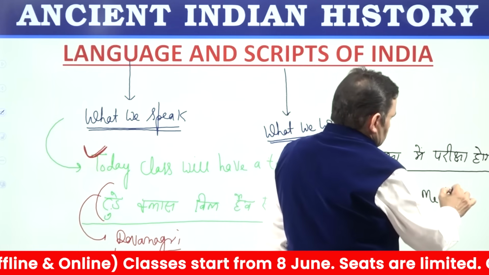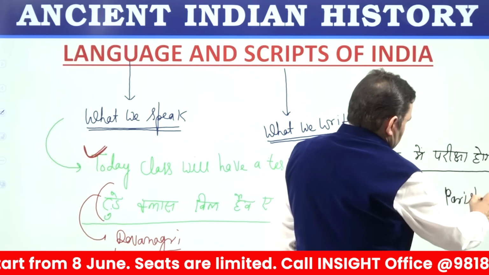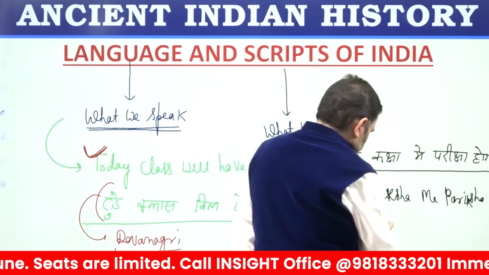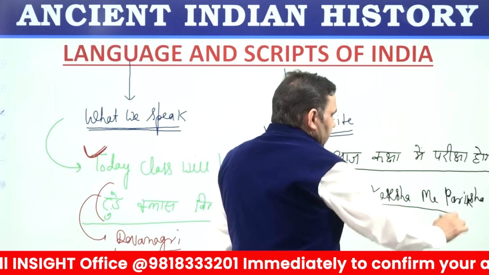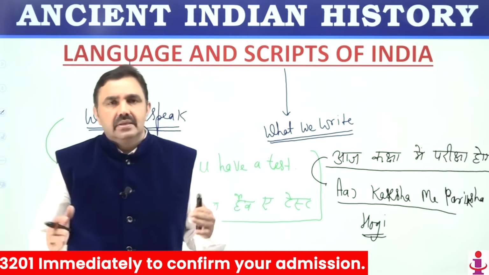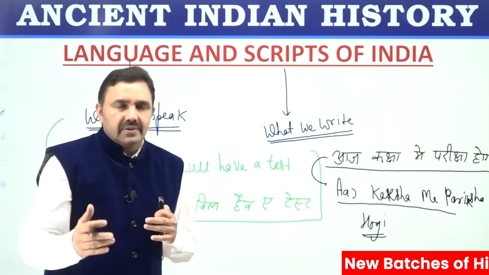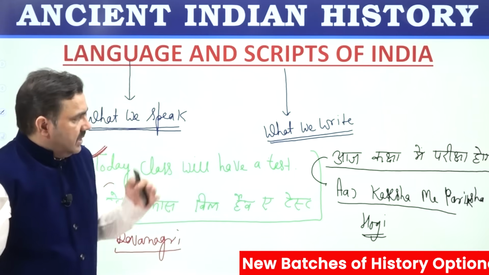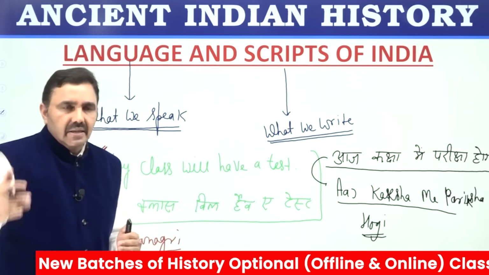Again, you can write Hindi in English script, and you can write English in Hindi script. That's the way you can understand what is language and what is script. Language is the spoken part, script is the written part.